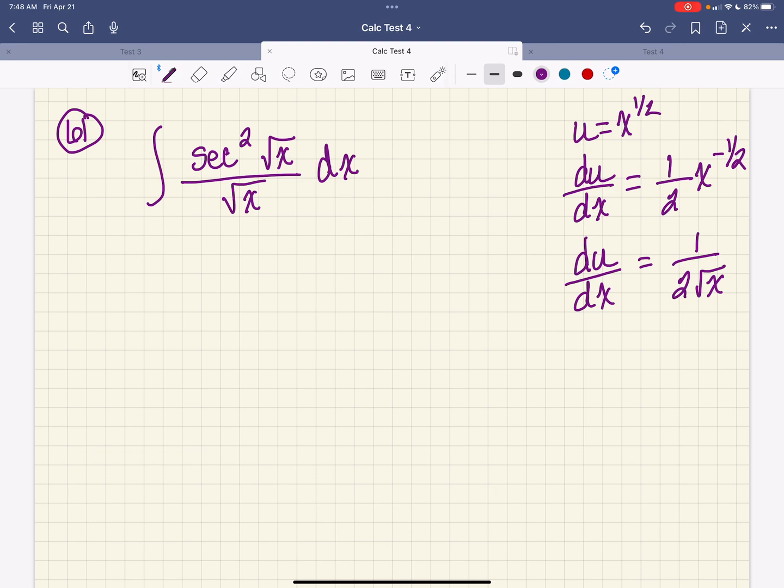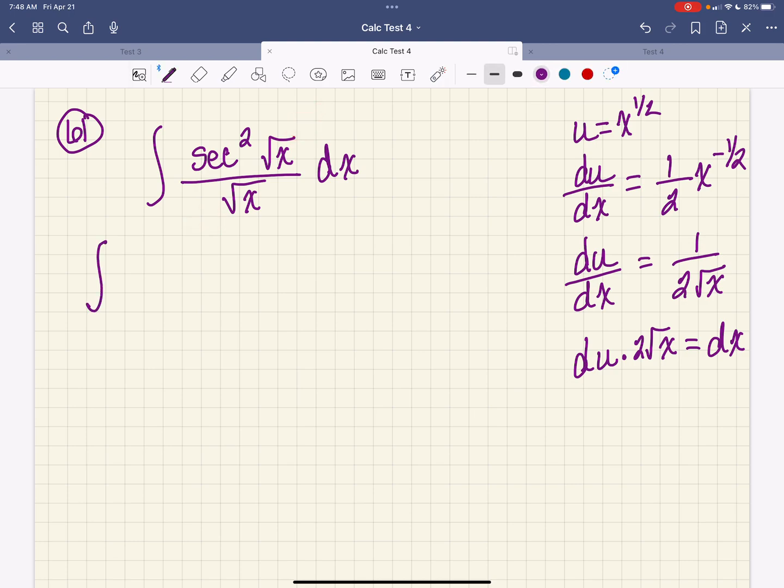Then when I solve for dx, I get du times 2 on the square root of x equals dx. Again, I'm going to substitute here, but I'm going to leave this one.